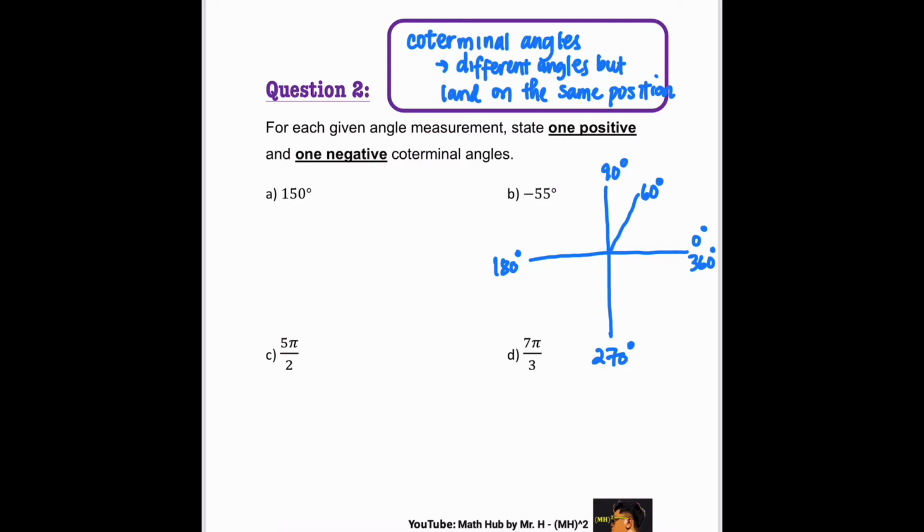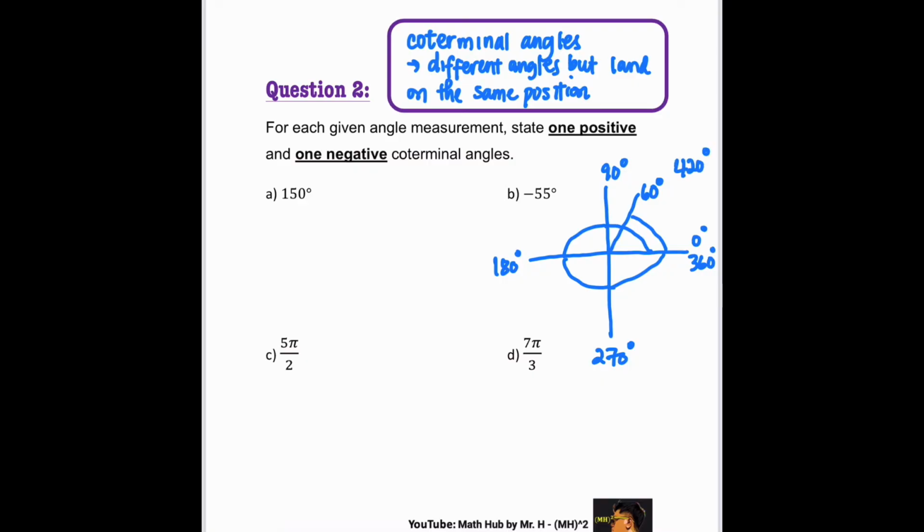To find a coterminal angle of 60 degrees, basically we'll be counting: this is 90, 180, 270, 360, plus 60, so that is 420.